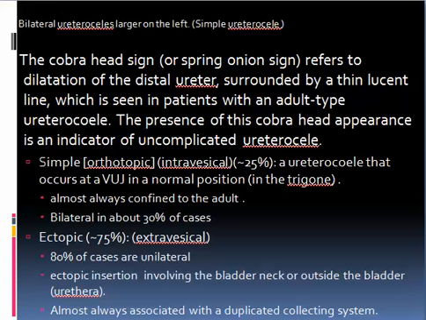But the more common is the ectopic, which is extravesical. 80% are unilateral and are inserted into the bladder neck or outside the bladder, and almost always associated with a duplicated collecting system.